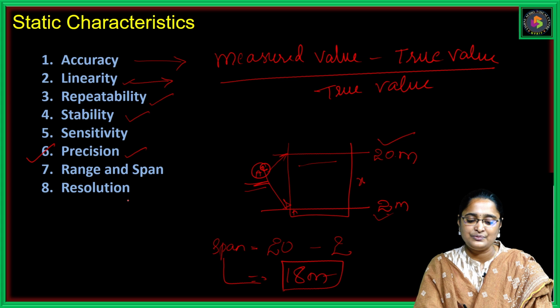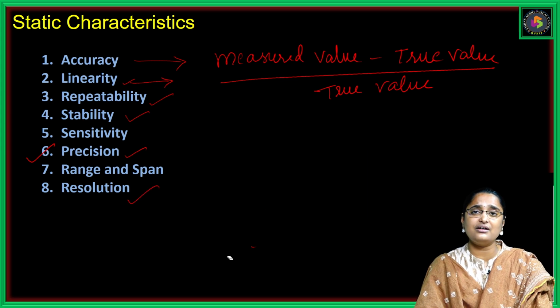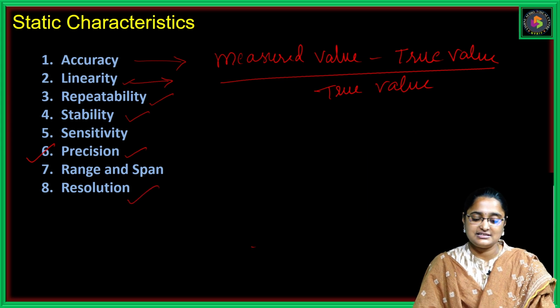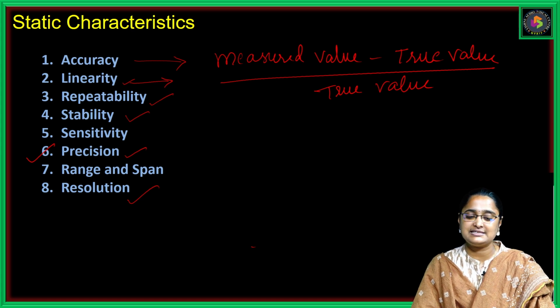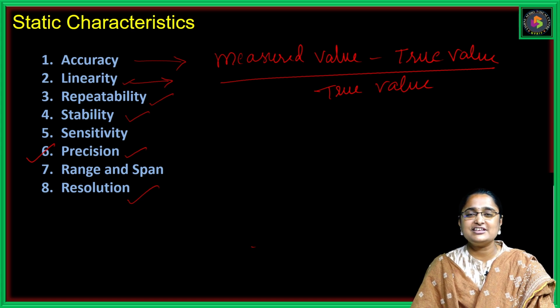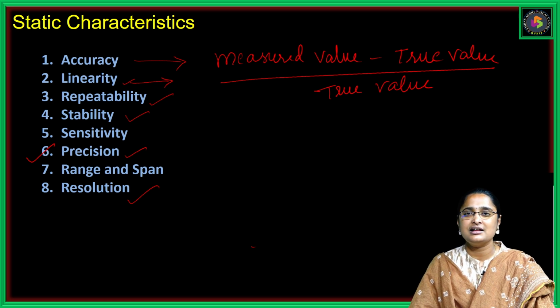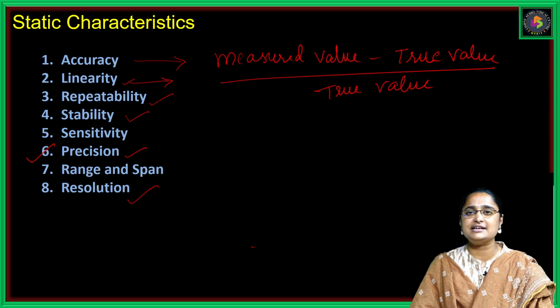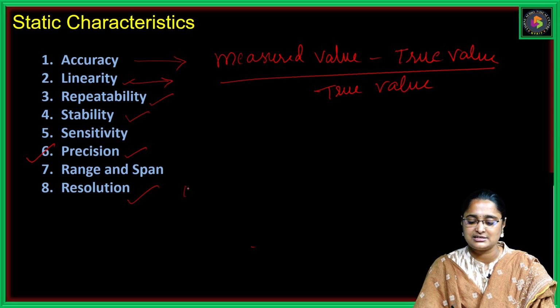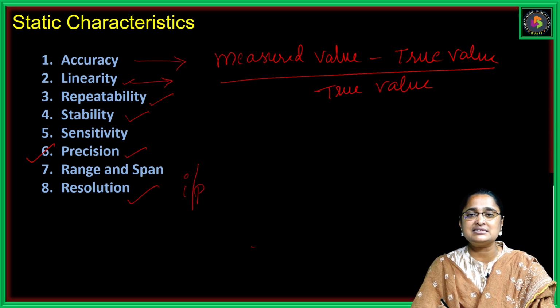Okay. Now we will see resolution. Resolution and sensitivity might seem the same to you, because we say sensitivity is the change in output to the change in input, right? Here the resolution only concentrates on the input variation, how sensitive the system is to the input that is given.